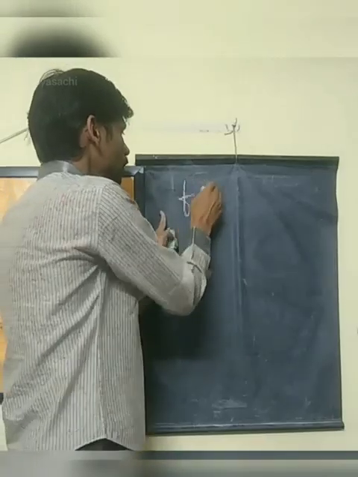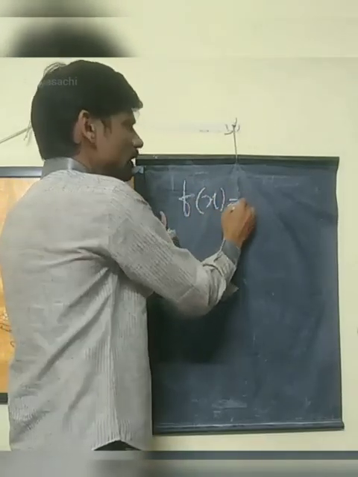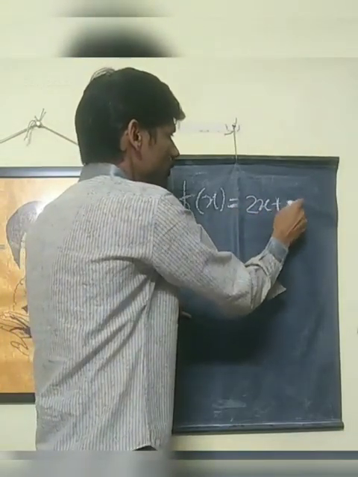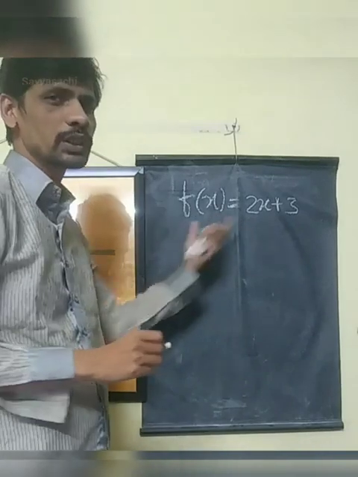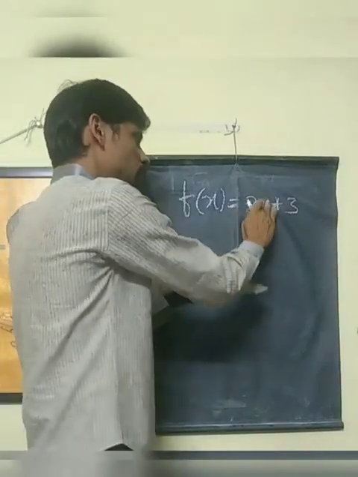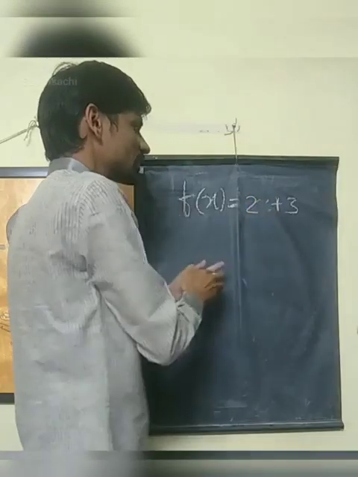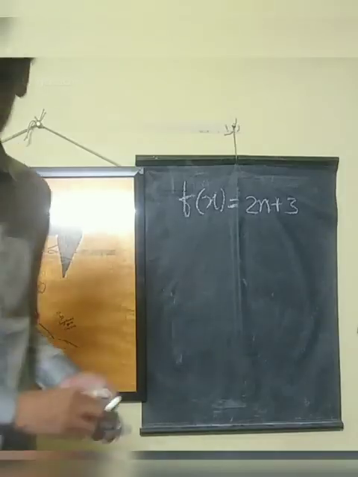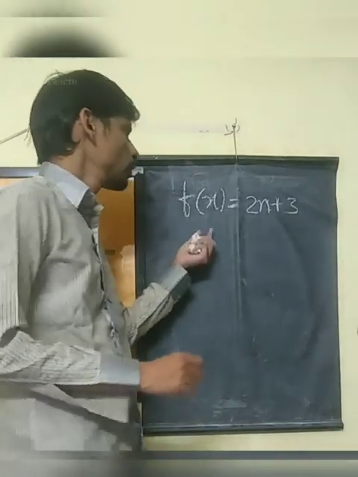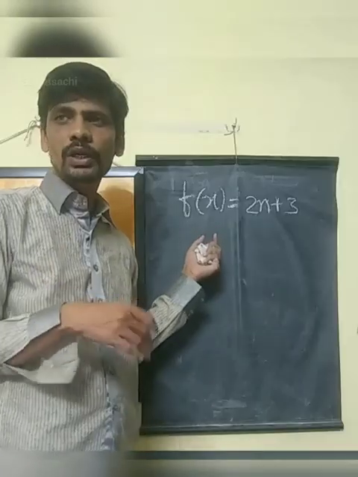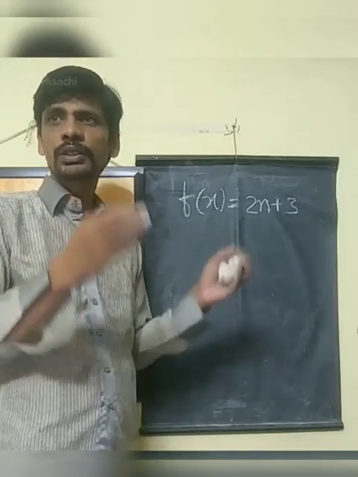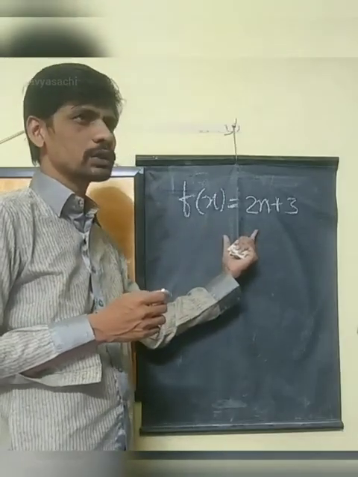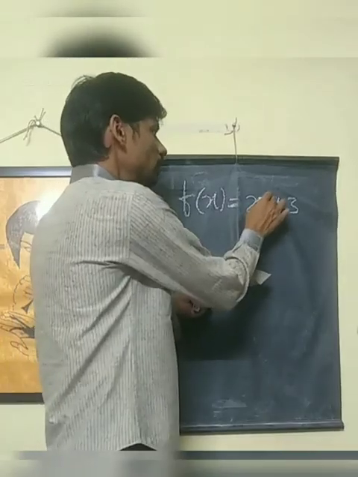So let's imagine I have one function f of x. Any function you can take. Just for example, I am taking 2x plus 3. For example, this is my function f of x, 2n plus 3, so my input is n. To understand these asymptotic notation concepts properly, let's take f of x equals 2n plus 3.